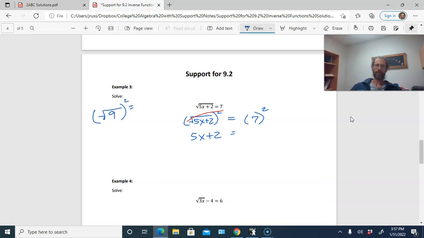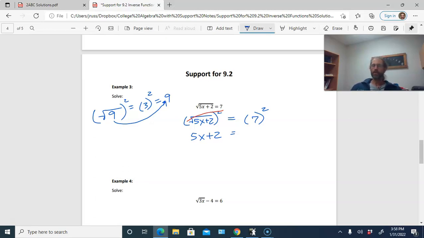We could evaluate this: the square root of 9 is 3, and then you would have that same exponent, and 3 to the second power is just 9. So when you square a square root, you're left with just what's under that square root. That's the key takeaway.